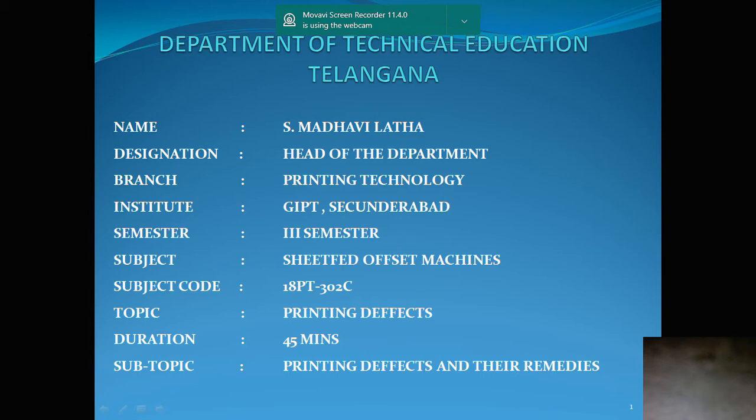When this plate is fixed onto the plate cylinder and the machine is running, the plate cylinder is initially dampened with moisture. This moisture is received by the non-image areas of the plate because they are water-receptive. The image areas will not receive this water.